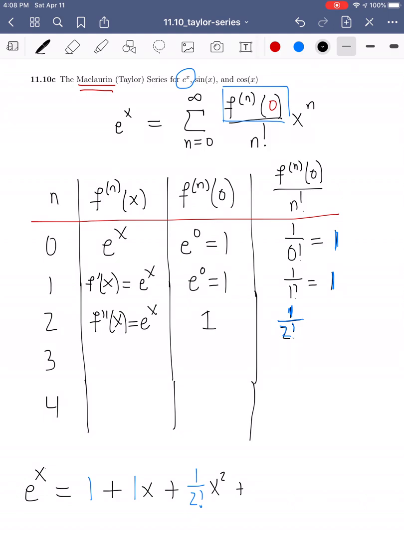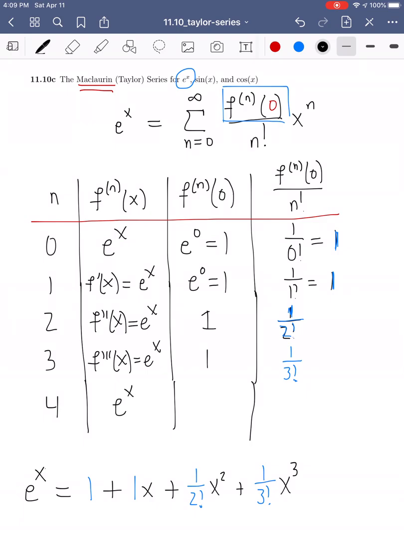Let's figure out what the next term is. The third derivative is still e to the x. Evaluating e to the x at 0 still gives us 1. And that coefficient will be that 1 all over 3 factorial, considering n is equal to 3 in this case. So we have plus 1 over 3 factorial, x to the third. Now we can go on and continue doing this. Taking another derivative of e to the x, that fourth derivative is still going to give us e to the x.